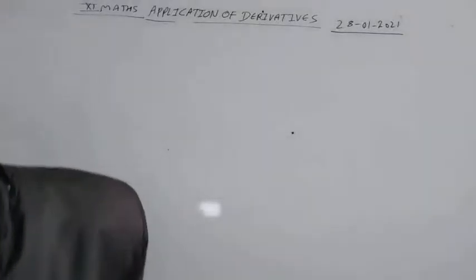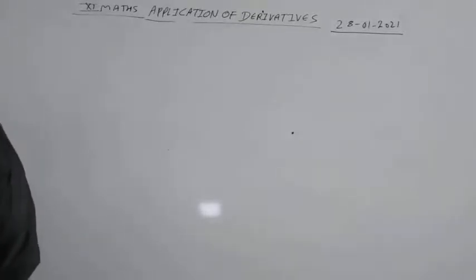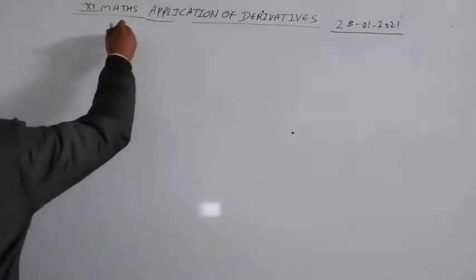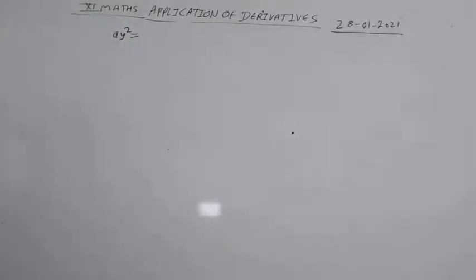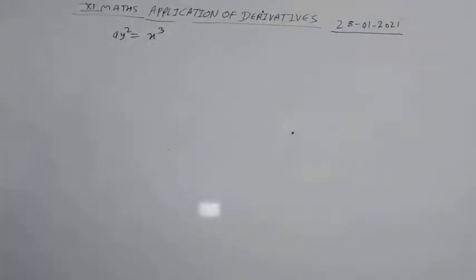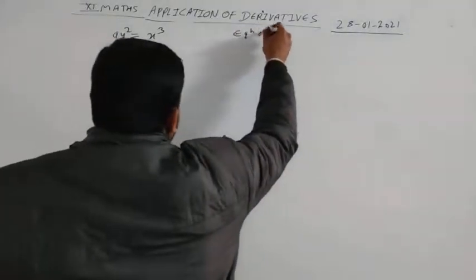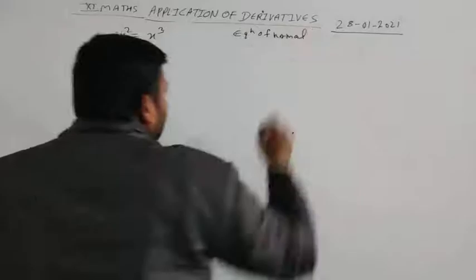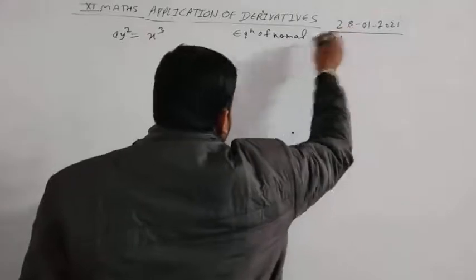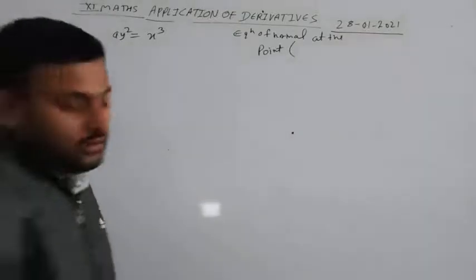Our next question is, student, find the equation of normal at the point (am², am³) for the curve ay² = x³. Okay, student, we have to find the equation of normal at the point (am², am³).